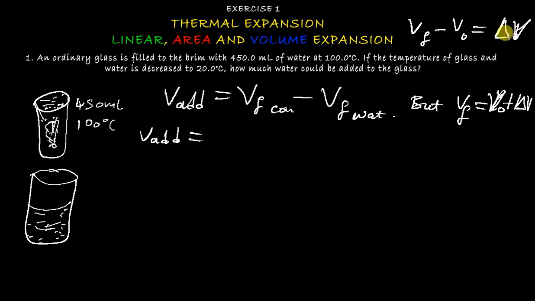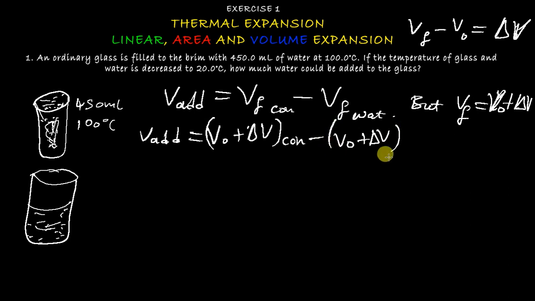So what I've just done is that I've just taken V initial to the other side of the equal sign. So we can say V naught plus the change in V of the container minus V naught plus the change in V of water.